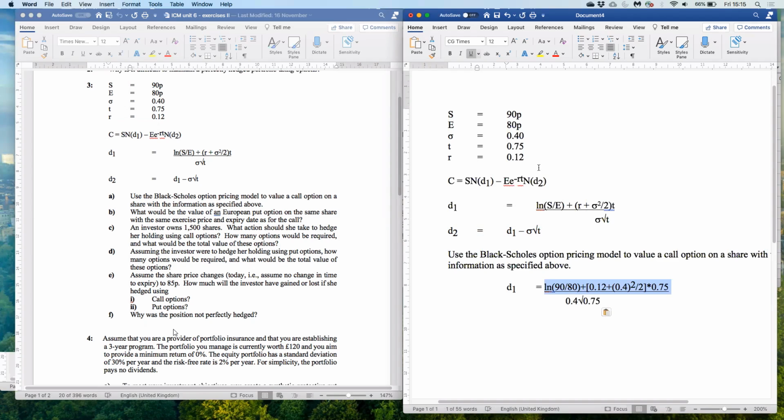Then we divide it by the volatility multiplied by the square root of time to expiration. So we have the value of D1.